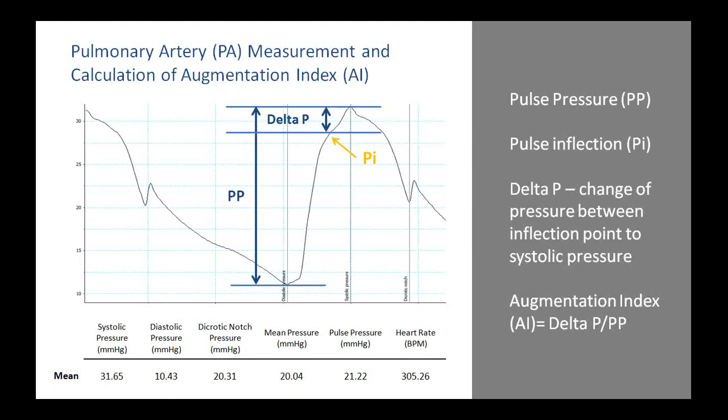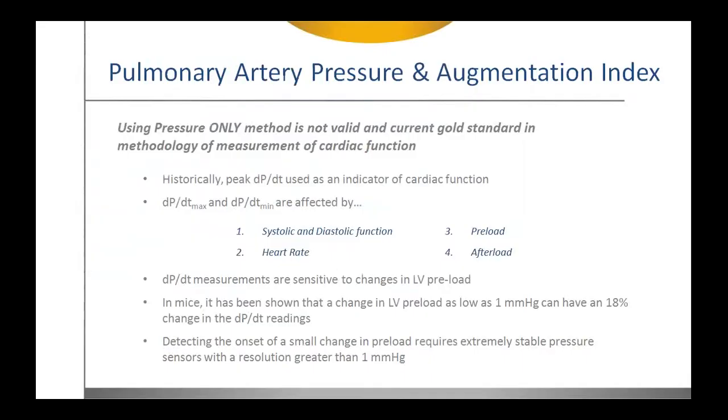In the next slide, we will briefly touch on the value of pressure and its importance and limitation in cardiovascular research. Here, using a pressure-only method is not valid as a gold standard in methodology of measurement of cardiac function. Historically, peak of dP/dt was used as an indicator of cardiac function.